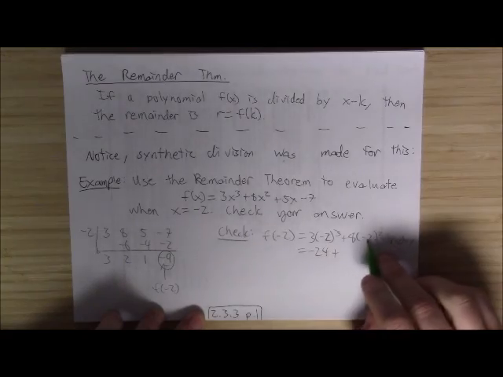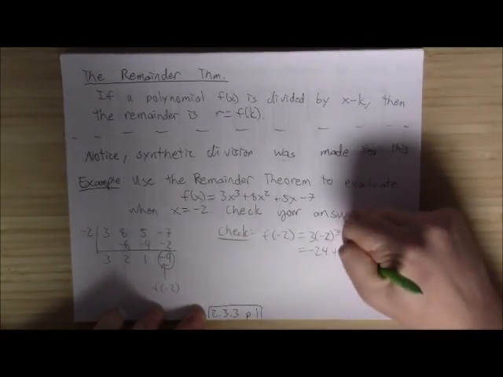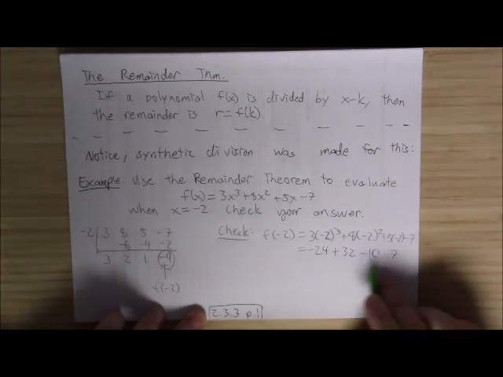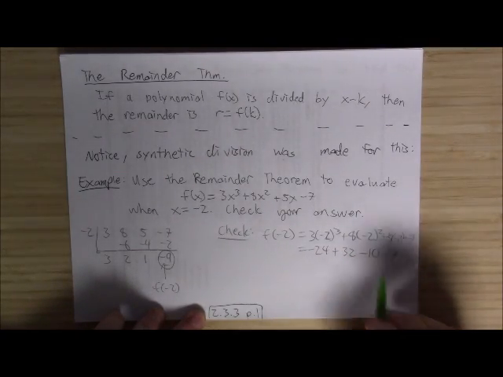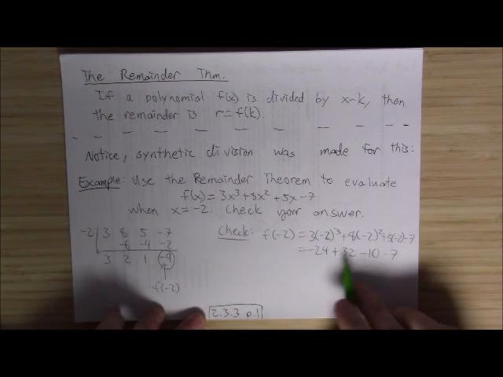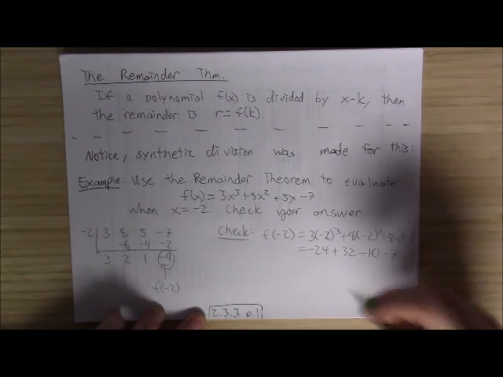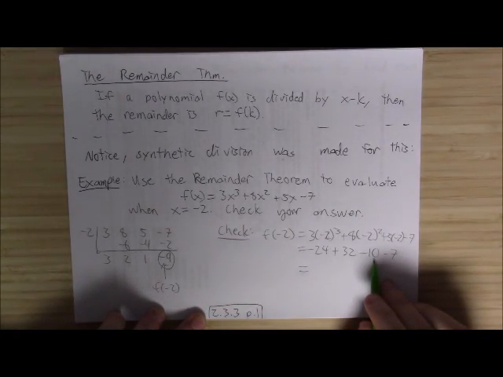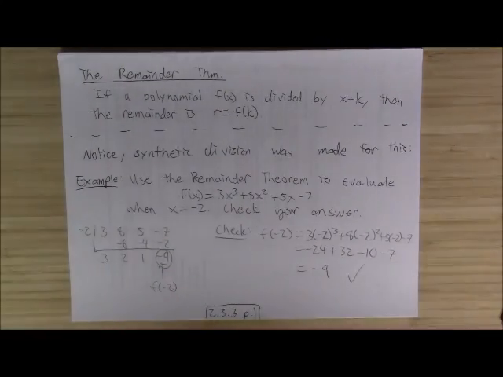Plus 8 times 4 is 32, minus 10, minus 7. So that gives me -24 plus 32 is +8, minus 10 is -2, minus 7 is -9. And that's exactly what we got before.